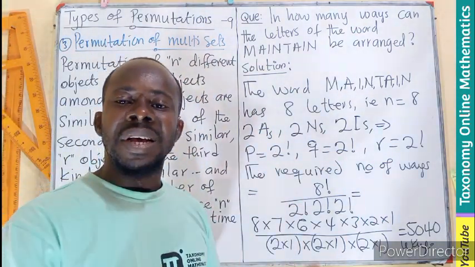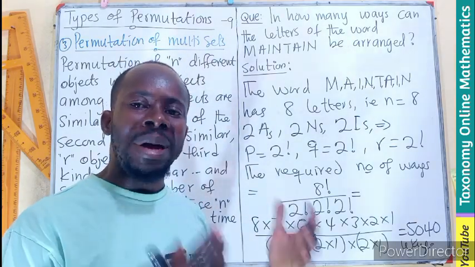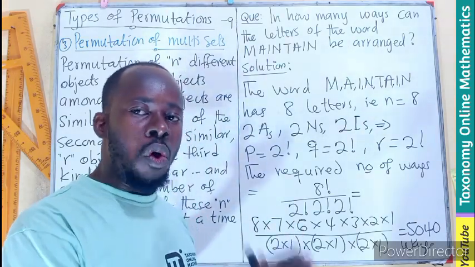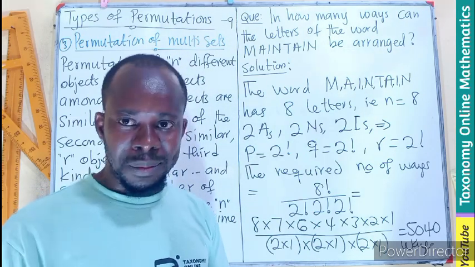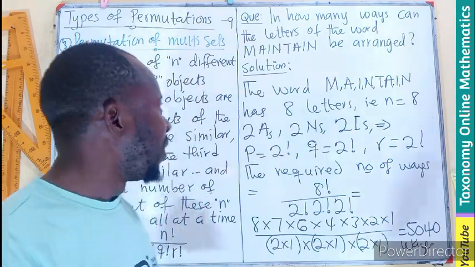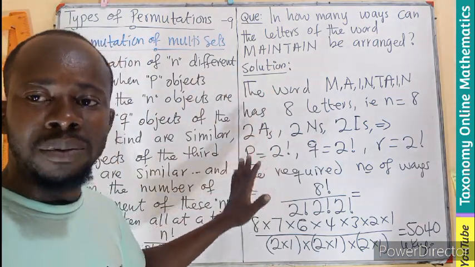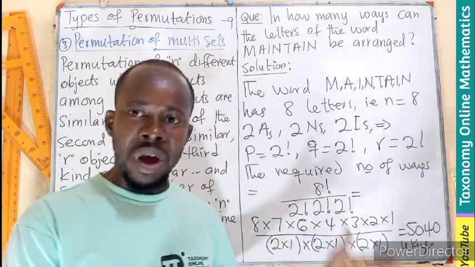whereby all the letters are taken at a time, but there is a repetition of some of those letters. I believe we can understand that. So this brings us to the 3 types of permutation. This will not end here.